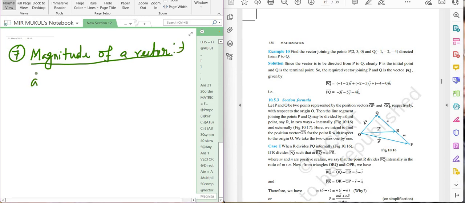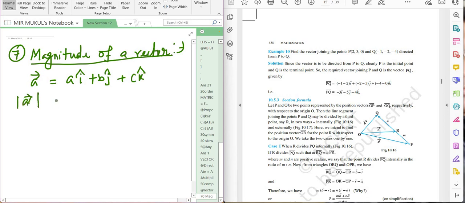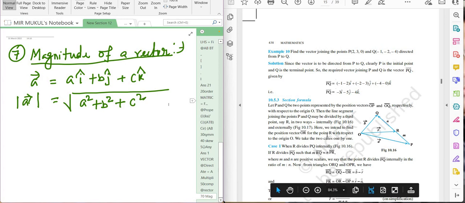So suppose A equals ai plus bj plus ck. So magnitude of A can be expressed like that. Its value will be root over a square plus b square plus c square. Okay. So I hope you understood magnitude.